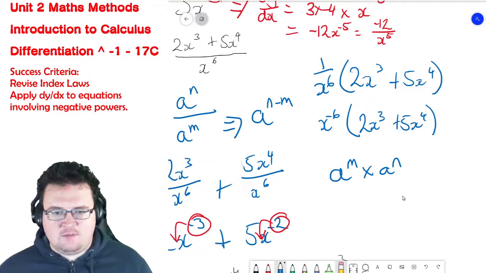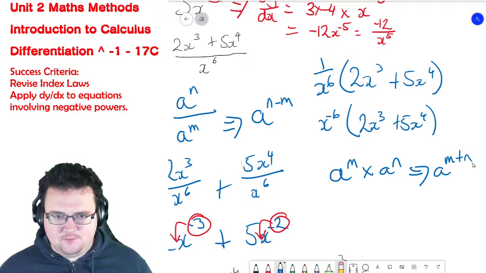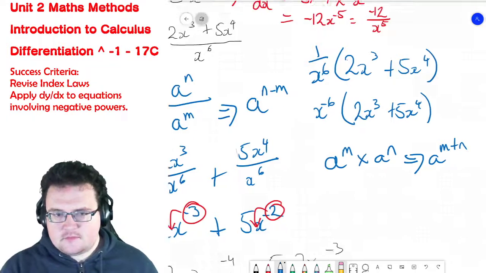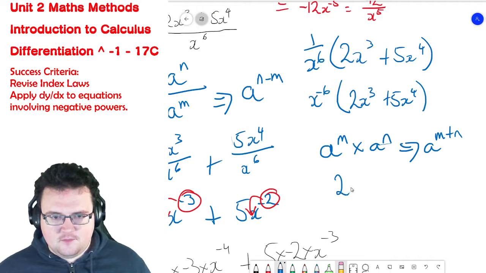So for example, if I do a to the m times a to the n, I can change that to become a to the m plus n. So what I can do is if I expand this bracket, x to the minus 6 times x to the 3 would be equal to x to the minus 6 plus 3, which means that I can just expand this and use this rule here, and I still end up with the same answer.